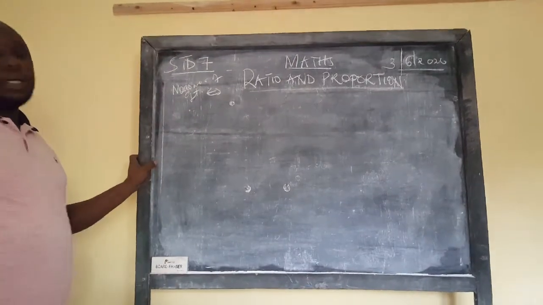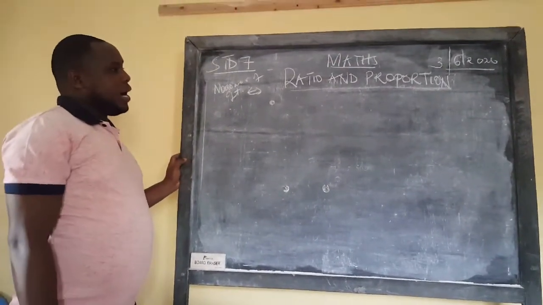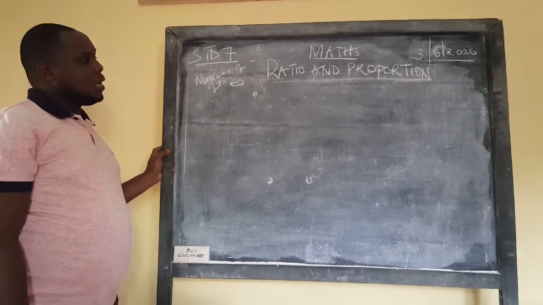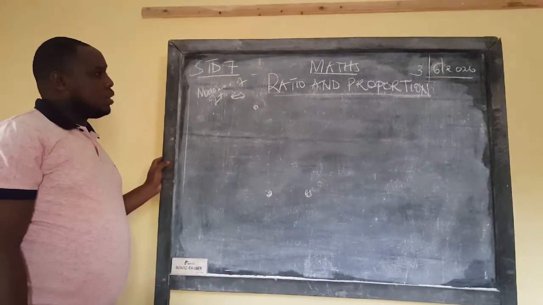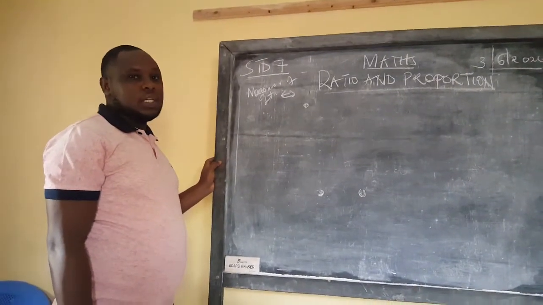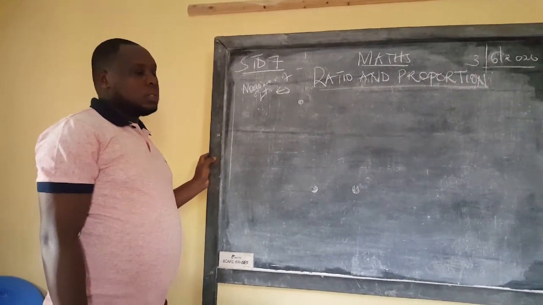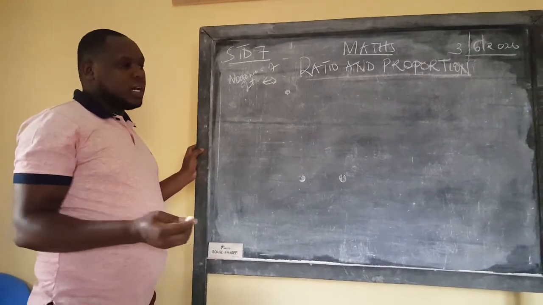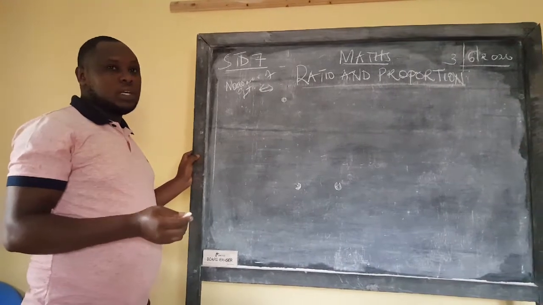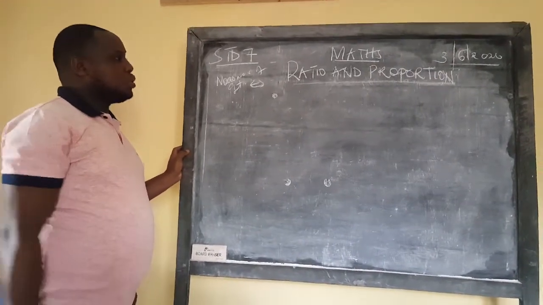Now this is a new topic, ratio and proportion. Just to understand what ratio is, it is a unit of comparison of measures of the same quantity. If we have different measurements but of the same quantity, we can use the ratio.